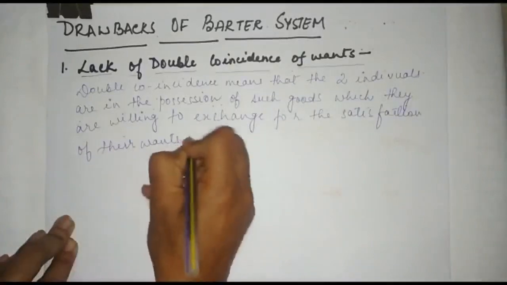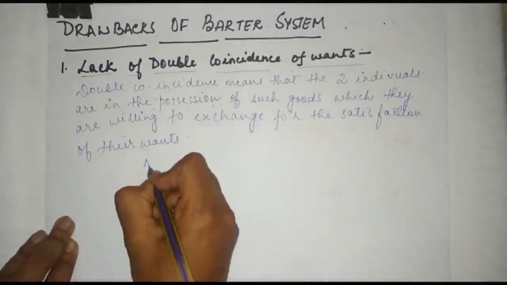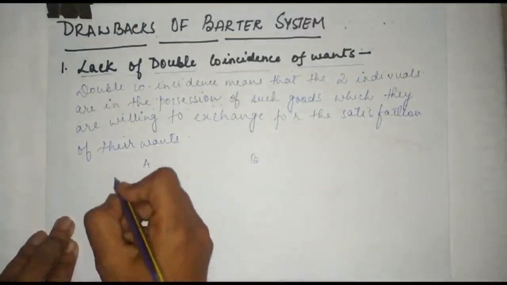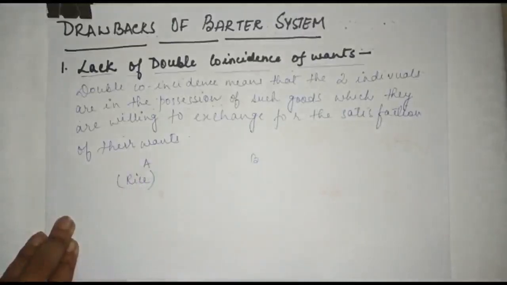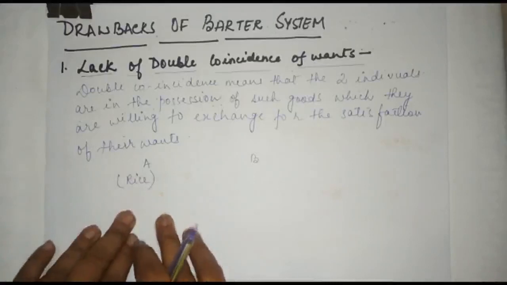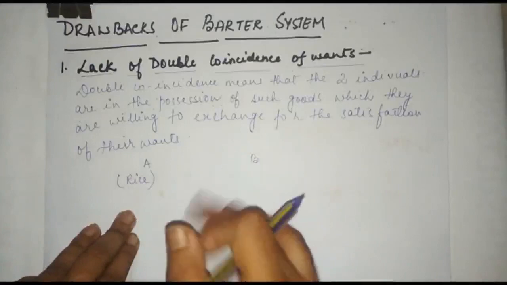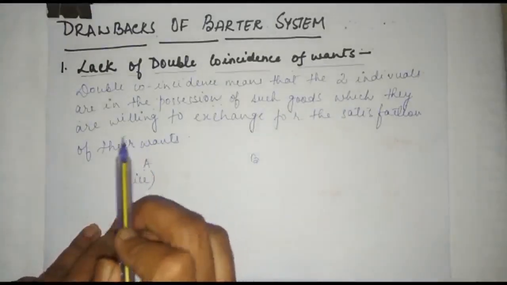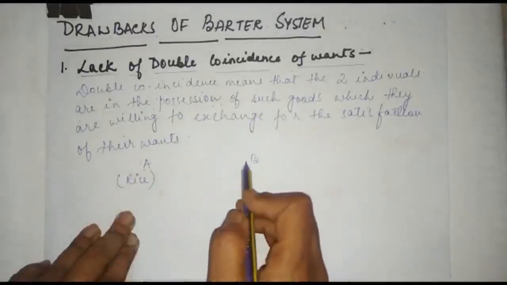Now, what does this mean? Let me take an example. Suppose there are two persons, A and B. A produces, suppose, rice, and he is a producer of rice, or he manufactures rice. But he wants to buy, suppose, shoes. Now, A has to search for such a person who has shoes, with whom he can buy shoes.